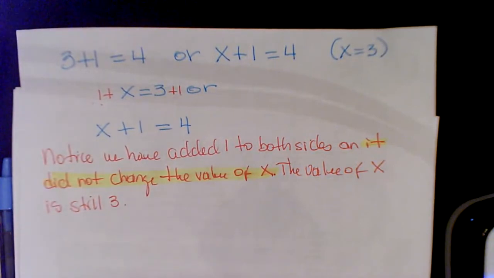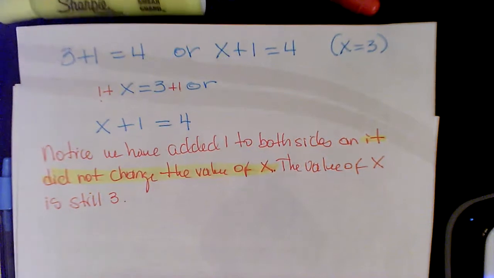So here is where we end up with the rule that if you add any number to an equation, you will not change the result, the value of x, as long as you do the addition to both sides of the equation. Okay? And some of you maybe have heard of that.